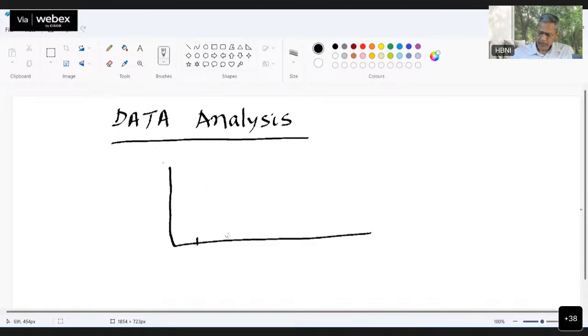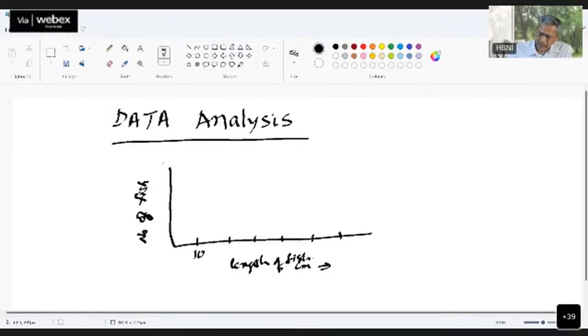let's say I want to measure the length of all the fishes in a pond. Suppose I put this length in centimeters: say 10 centimeter, 20 centimeter, 30, 40, 60, like this.